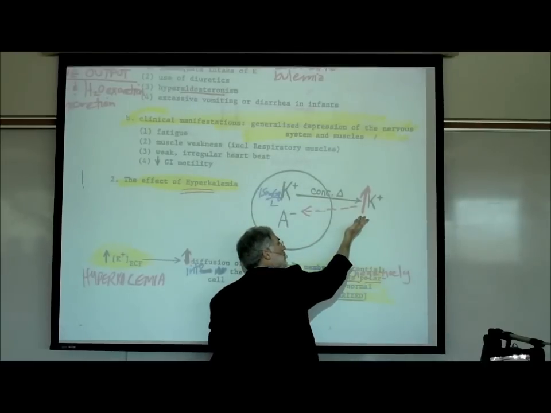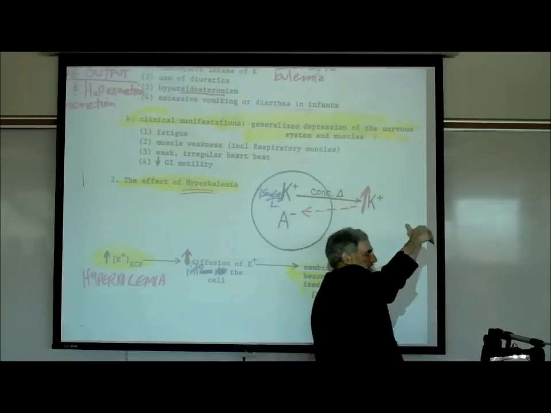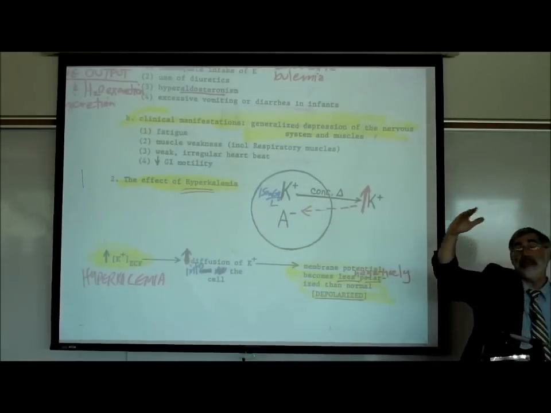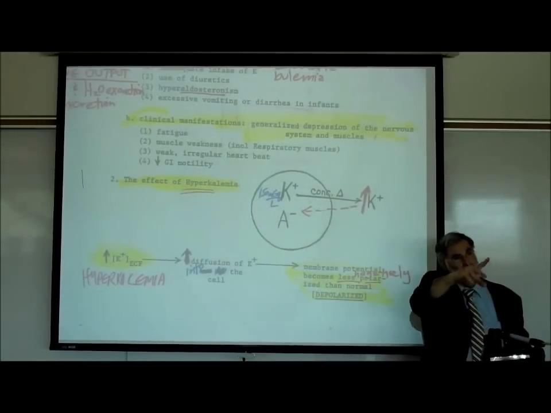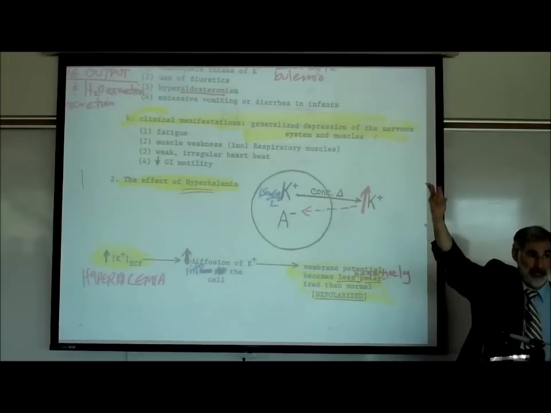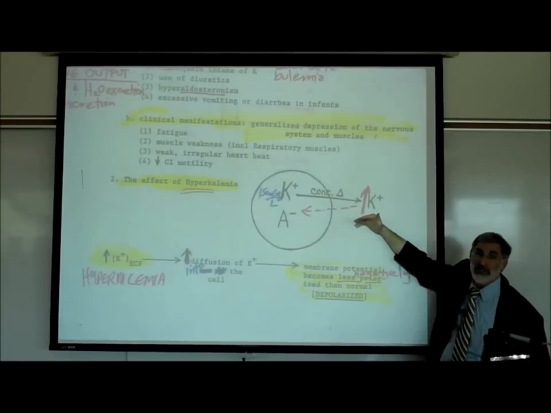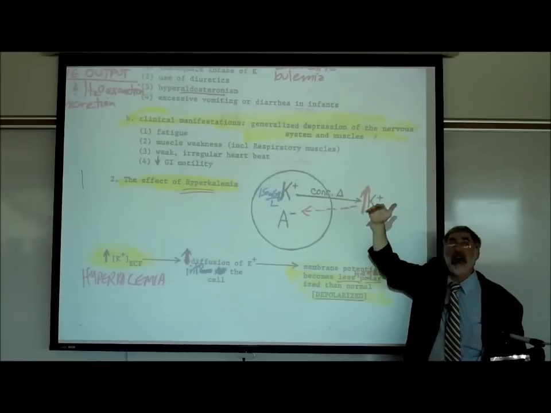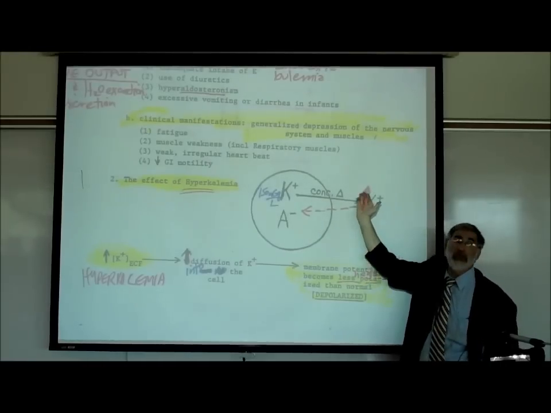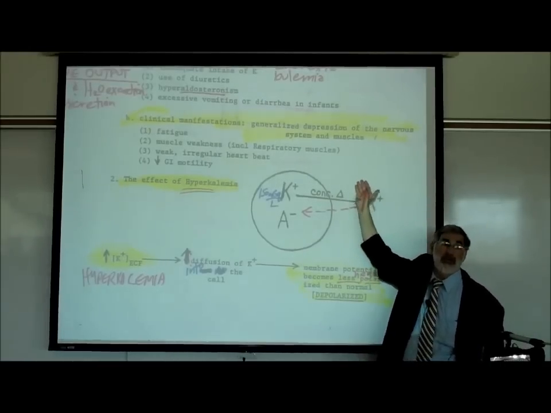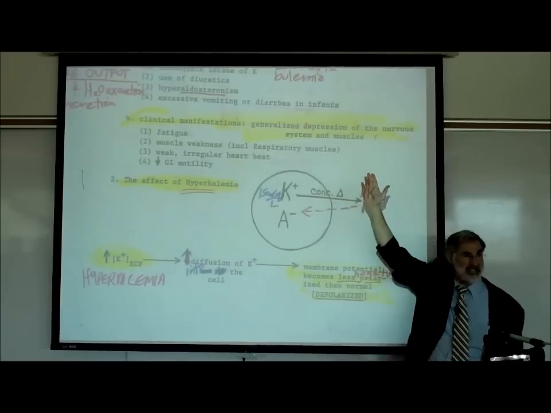But let's imagine the extracellular potassium, the potassium levels in the blood and extracellular fluid, for whatever reason, and I will give you reasons in a moment, started to increase. So it's going from 4 to 4.5, 4.5 to 5, 5 to 5.5, 5.5 to 6, 6 to 6.5, 6.5 to 7. It's rising.